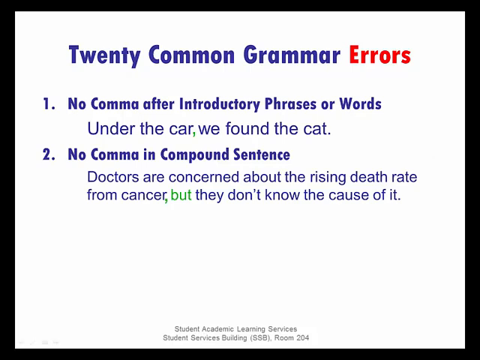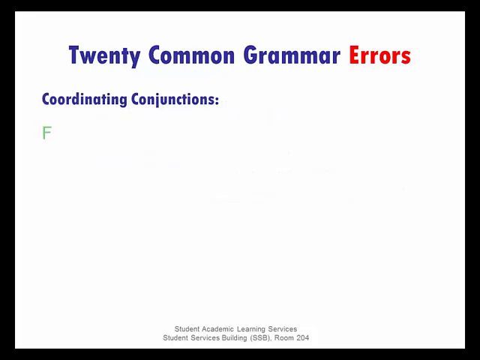I'm going to stop for a moment and talk about the word but. As I mentioned, it's a coordinating conjunction that is used to connect sentences together when combined with a comma. Other coordinating conjunctions can be remembered by using this acronym, Fanboys.